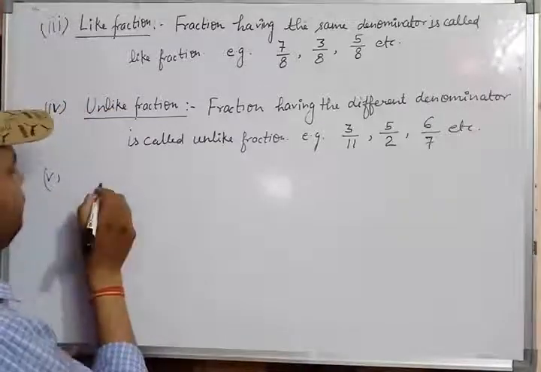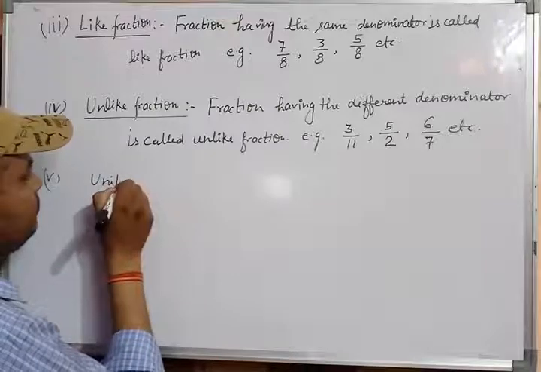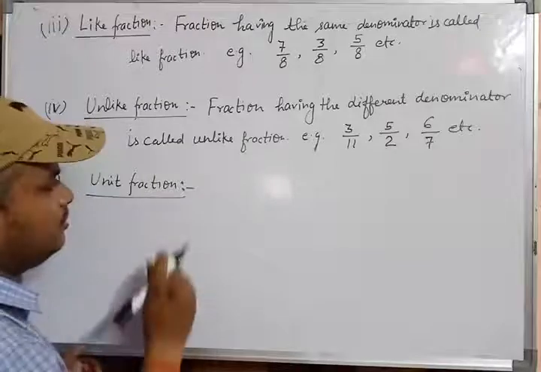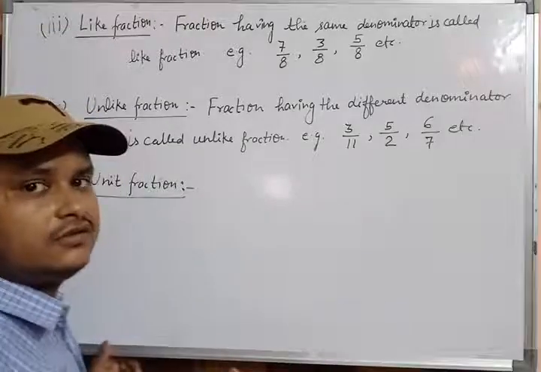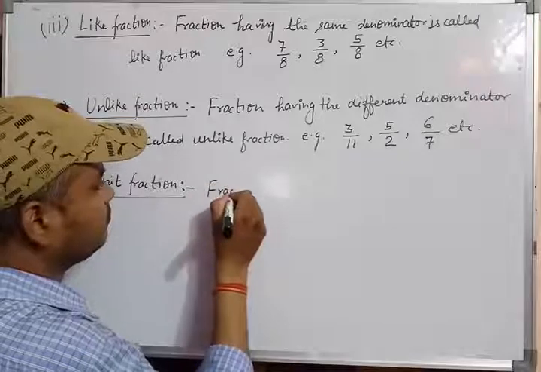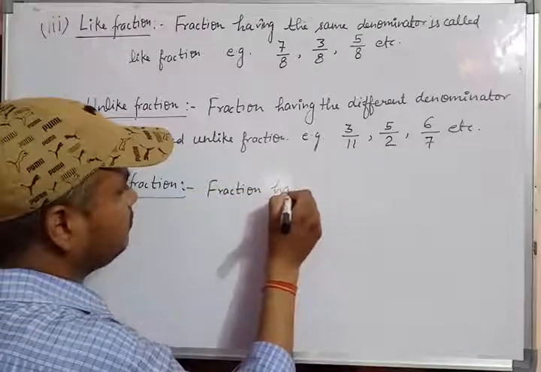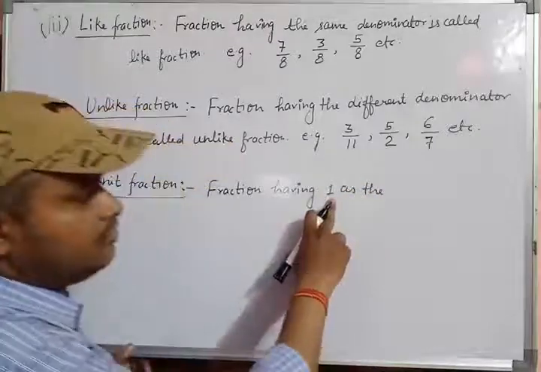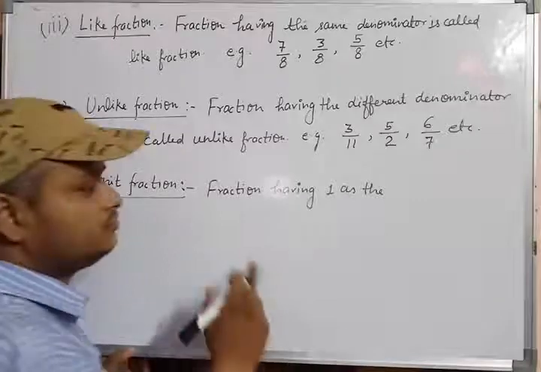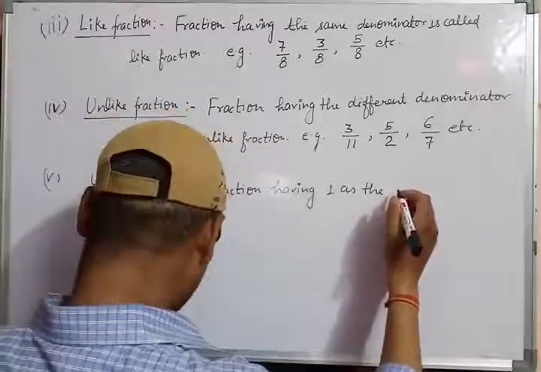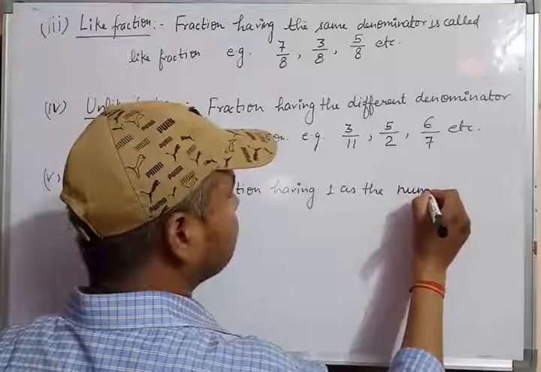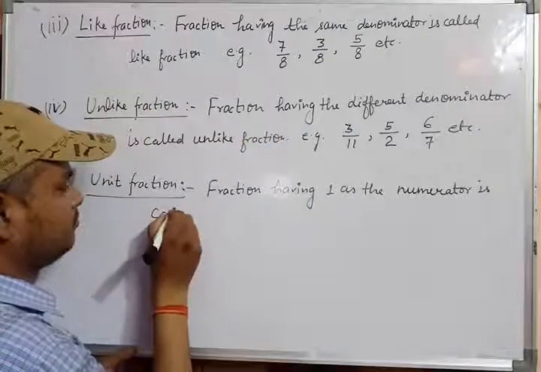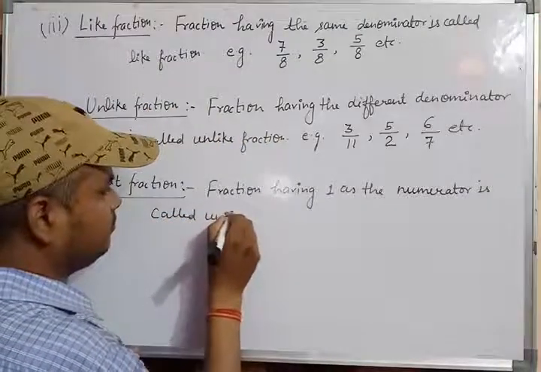Now we are moving on to another type of fraction, that is unit fraction. In unit fraction, the numerator is always 1. So fraction having 1 as the numerator is called unit fraction. Students, unit means 1.